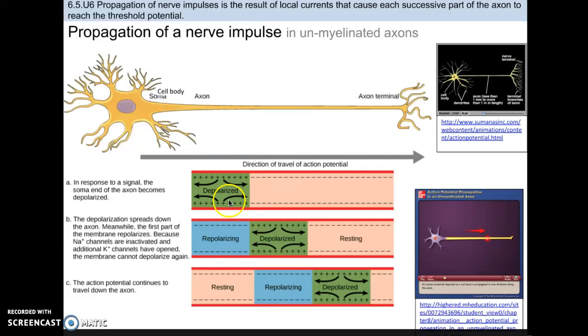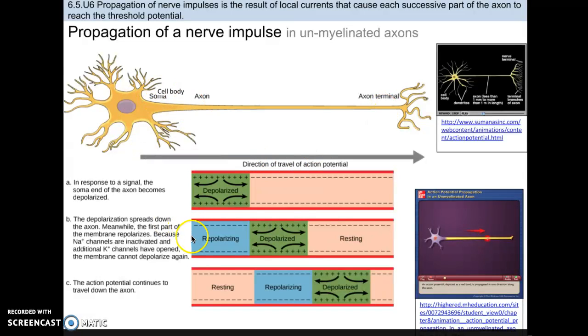But that particular area gets depolarized. One or two sodium channels open. This causes the whole region in that area to open and become depolarized. You'll notice the rest of it has not been depolarized. This is going to shift down and continue moving towards the end of the axon terminal end here.